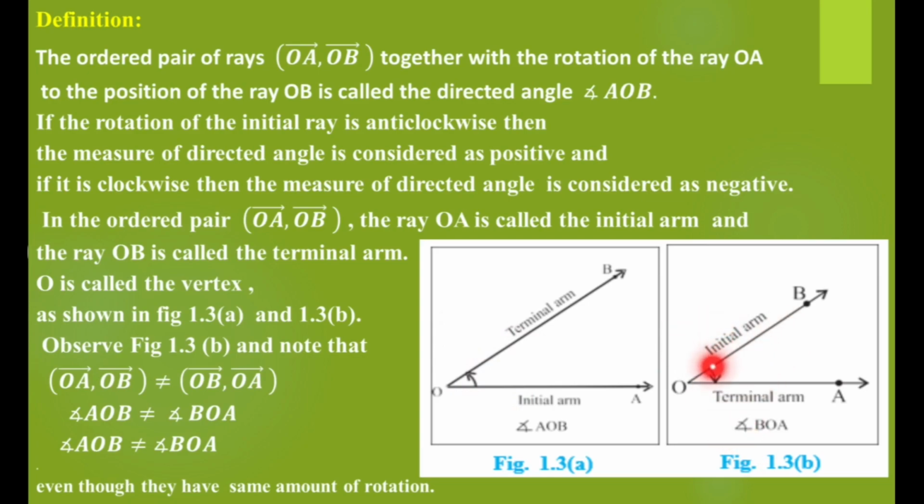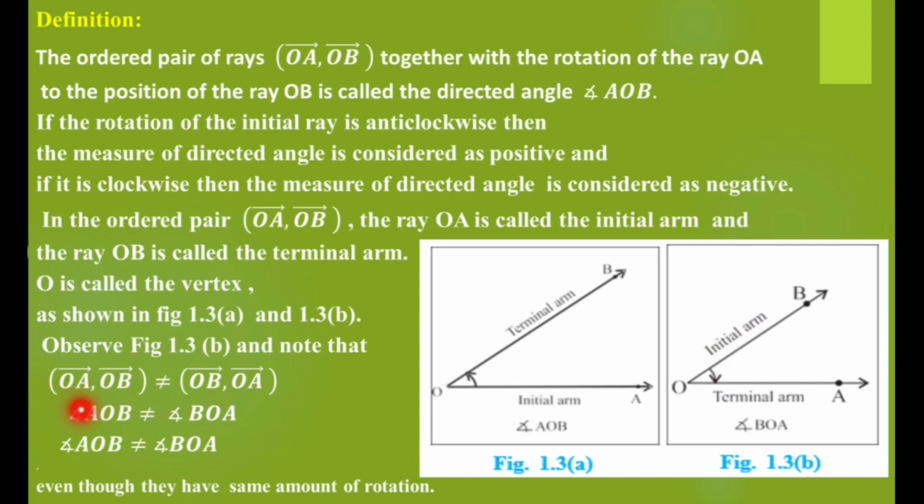While in the second figure, when we consider OB as the initial arm and OA as the terminal arm, we have to measure this angle clockwise. See the direction of this arrow; it indicates clockwise or anti-clockwise. So in figure 1.3a the measurement is anti-clockwise, and in figure 1.3b the measurement is clockwise.